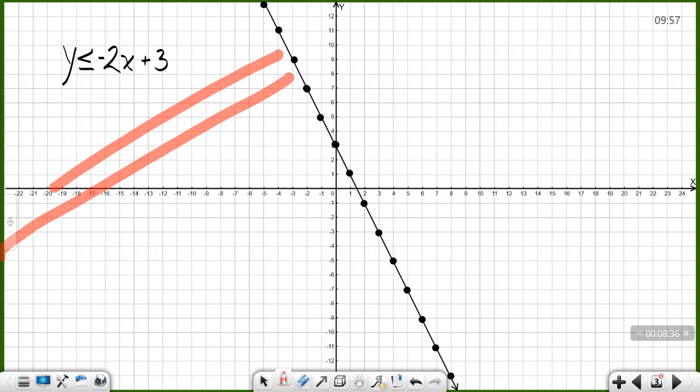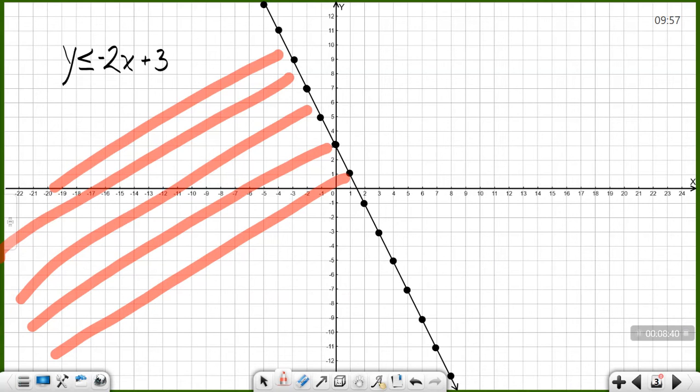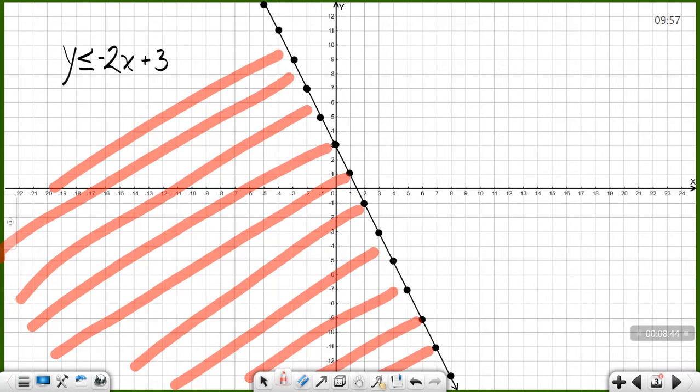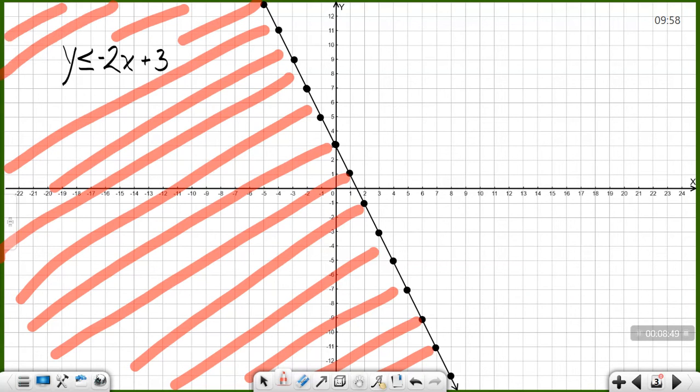You can draw lines away from our reference line, or boundary line as we'll come to call it. All right, you can draw them perpendicular in the opposite direction, so they're just going away from there. All right, and that's our line right there in our shading. Okay. So then this whole region represents solutions.